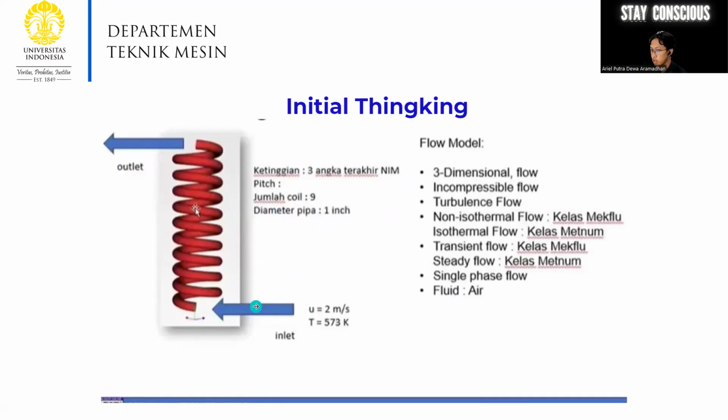Then we have the velocity in the inlet, which is 2 millimeter per second, and the temperature of 573 Kelvin. So here we have a 3-dimensional flow, an isothermal flow, and a steady flow. And the fluid is water in here, or air in Indonesia.